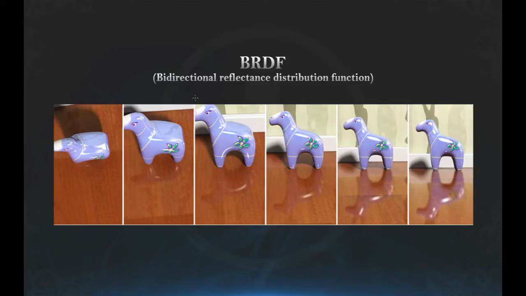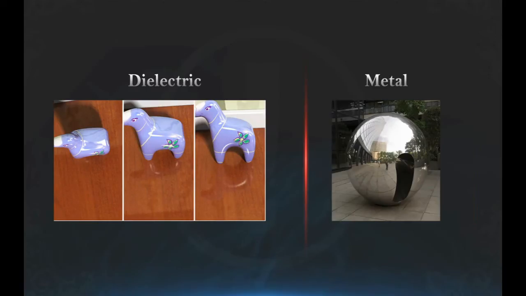If we take a look at, for example, this wooden, lacquered, layered material, you can see that the more grazing the angle becomes, the more reflective the surface becomes. This is one of the biggest differences between dielectrics and metals, where dielectrics become way more reflective compared to their initial reflectivity at facing angles.